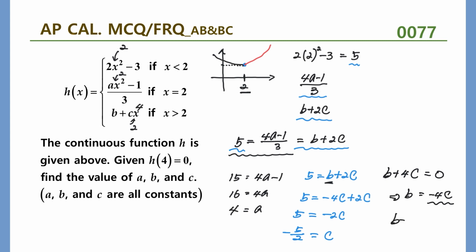So b is equal to negative 4 times negative 5 over 2. Negative times negative, positive. 2 times 1, 2 times 2. So that's going to be 10, right? So the answer: a is equal to 4, b is equal to 10, c is equal to negative 5 over 2.